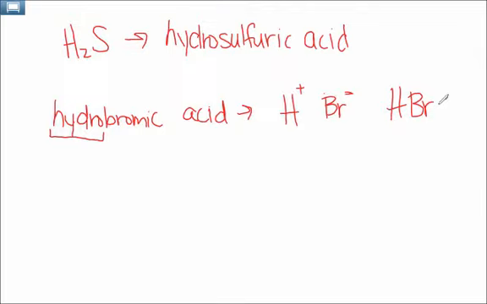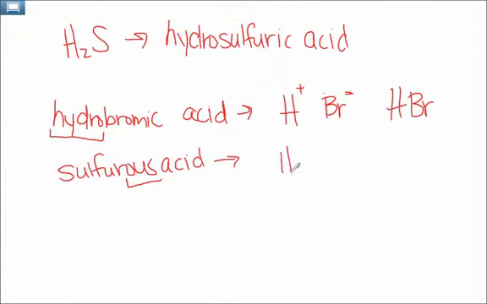What if it was sulfurous acid? Well, it has an OUS ending, which means we have to look for sulfite, an ITE ending, which is SO3, and it had a 2- charge.